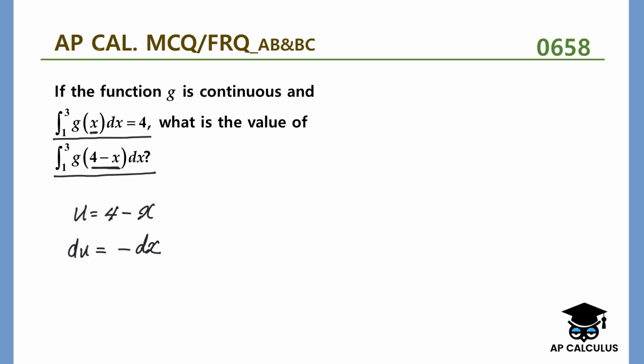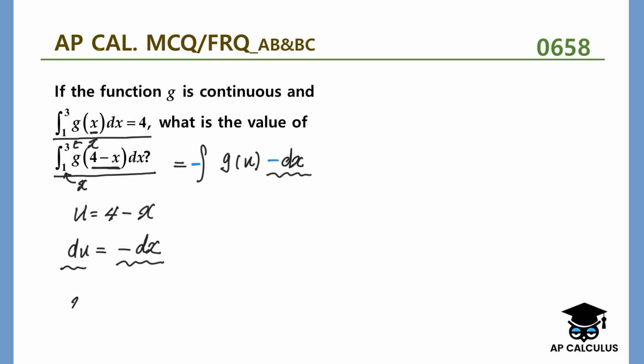So this definite integral can be changed as integral of g of u. We have dx here, but here we're going to multiply by negative 1 here, negative 1 here. Then this is going to be du, since negative dx is equal to du. So far so good. Here we have a lower limit, x from 1 to upper limit x equal to 3, right?